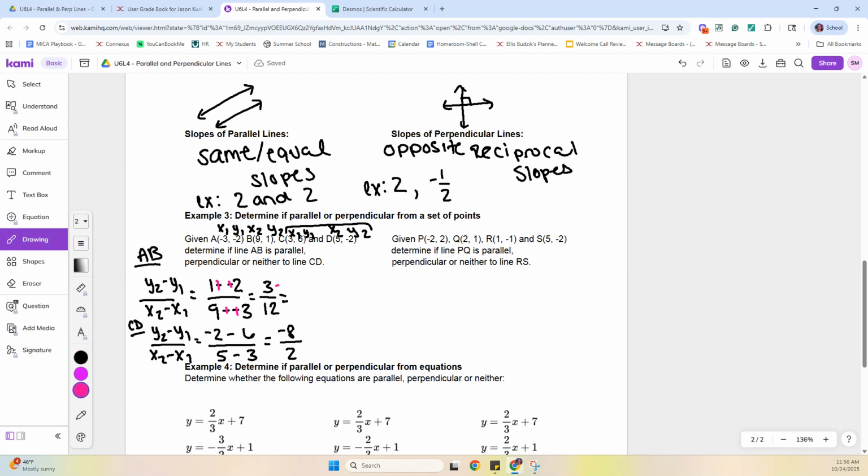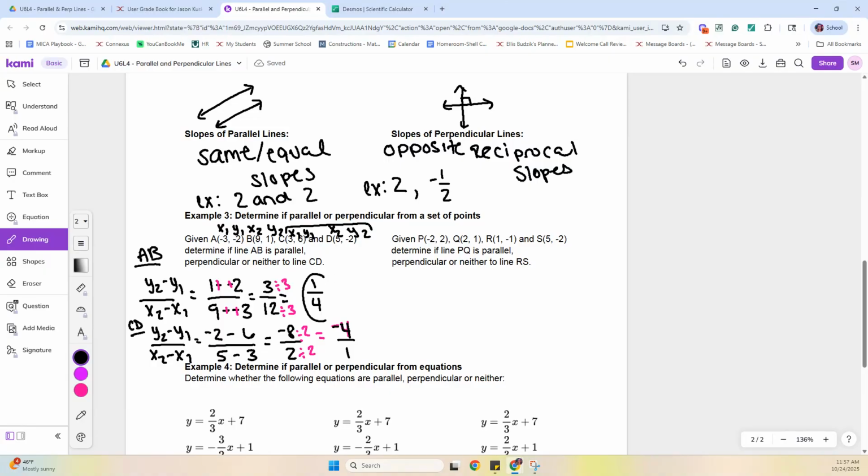If I divide by 3 and by 3 to simplify, 3 divided by 3 is 1 and 12 divided by 3 is 4. For this one, 2 can go into both numbers, so I divide by 2 and get -8 divided by 2 is -4, and 2 divided by 2 is 1.